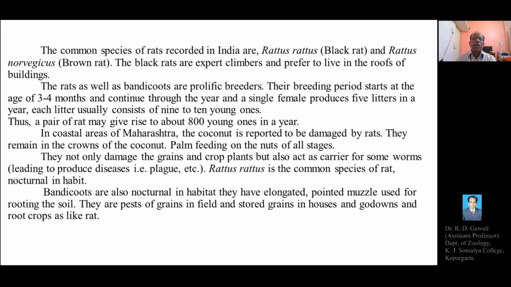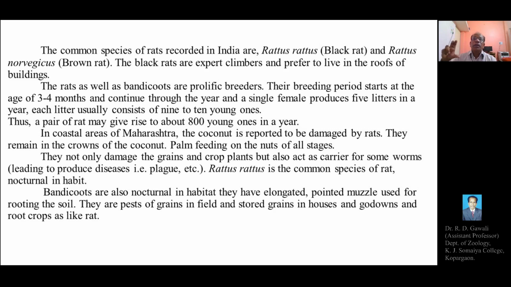So rats and bandicoots are prolific breeders, producing a large number of young ones in a year. They start breeding at the age of 3 to 4 months and continue throughout the year, and a single female can produce 5 litters each with 9 to 10 young ones, meaning each female can produce about 45 to 50 young ones in a year, and a pair of rats may give rise to about 800 young ones in a year.